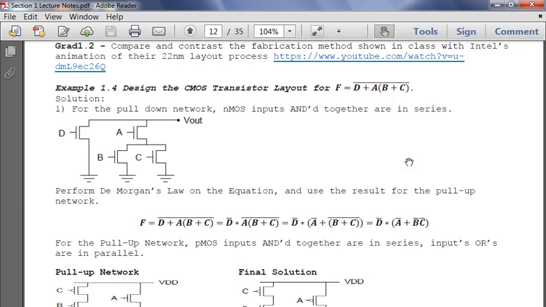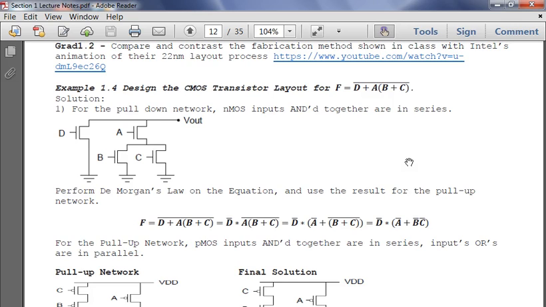So then we know that B and C are in series, right? So we can do this: B, C, and then we know it's in parallel with A. And then you can do one of two things here.